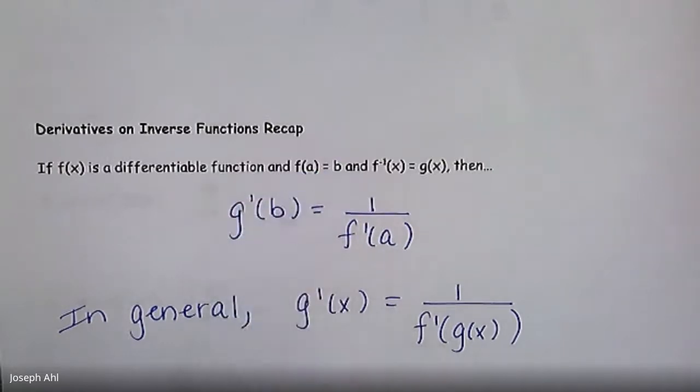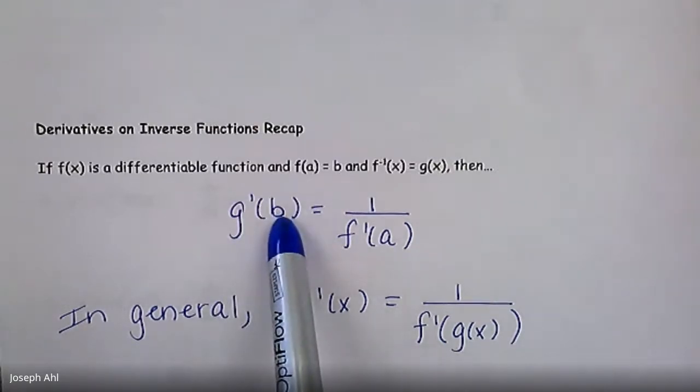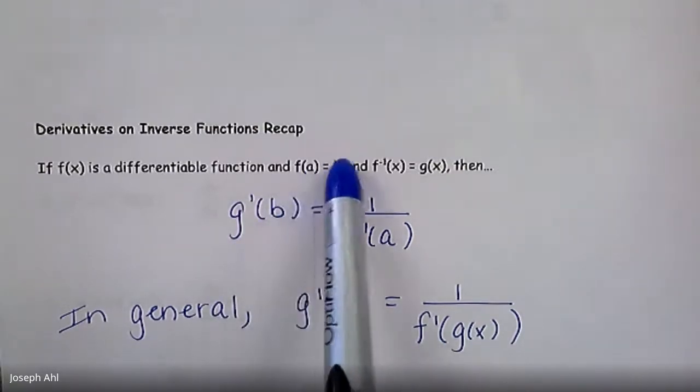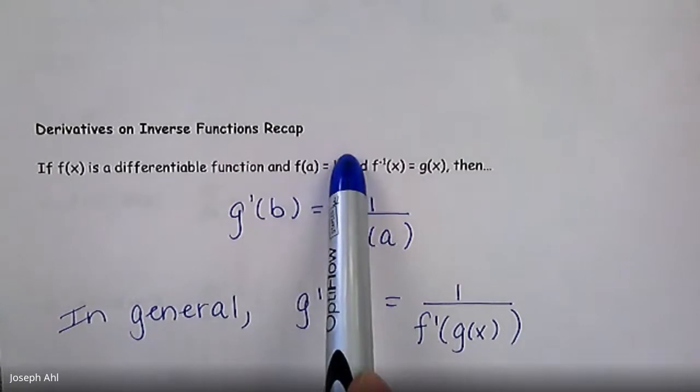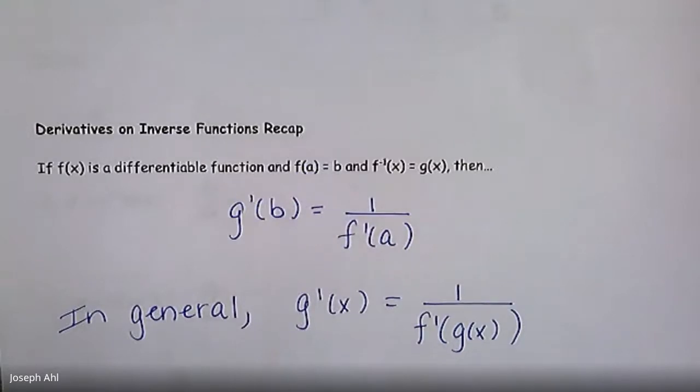So if we want to find the slope of the tangent line at a certain value on the inverse, we can look at where that output is in the original function and then find the reciprocal slope of the tangent line at that value a. In general, we have this relationship established that we can use to find the derivative of some inverse functions.